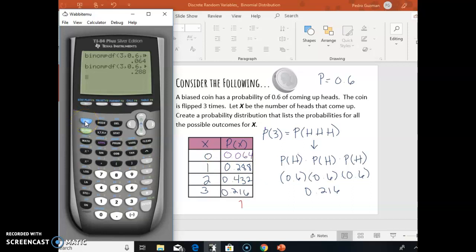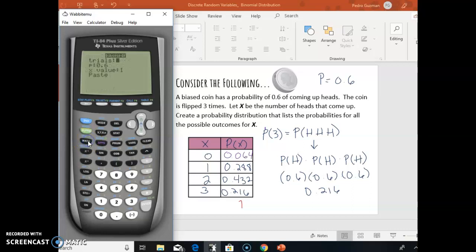Now let's do the probability of exactly 2 heads. Second vars. I want to show you another way to get there instead of scrolling. You need to make sure you know which number it is. Now mine is A, so if it was a number I would just type the corresponding number, but since it's a letter I'm going to hit alpha, and then you see the little A right here below it, above the math key.